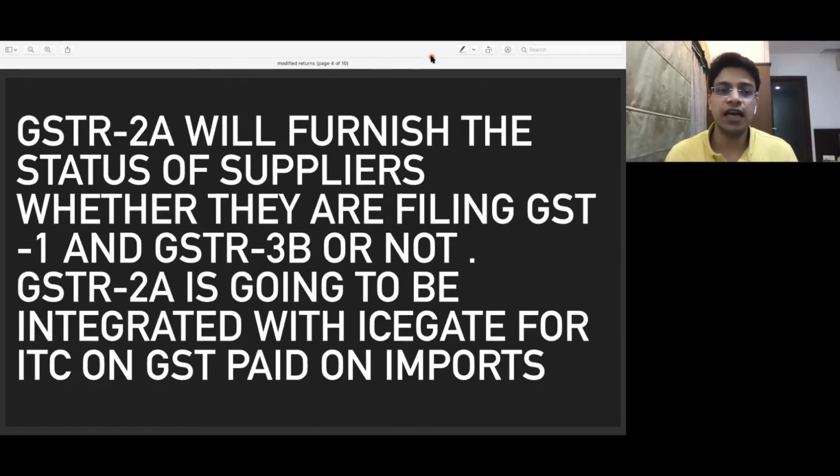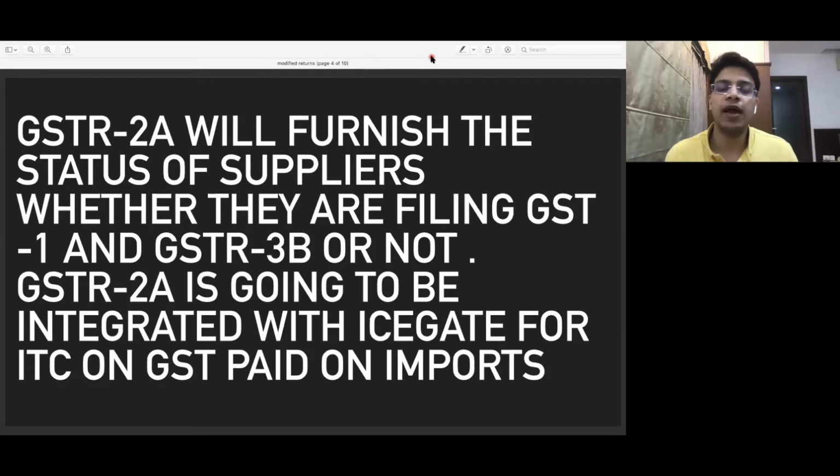Another feature of GSTR2A is that it is going to be integrated with ICEGATE for ITC on GST paid on imports. We all know that the imports and exports transactions are reflected in the ICEGATE portal, that is the customs portal. With respect to the imports, we pay the IGST amount, and we had to file it manually.